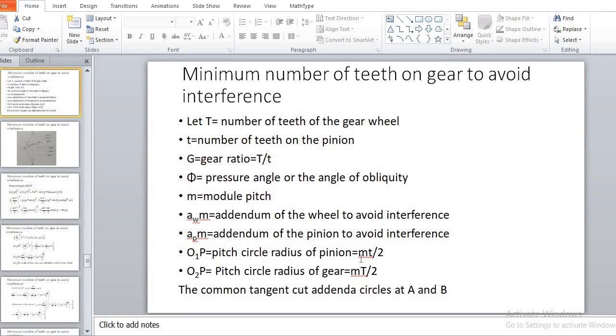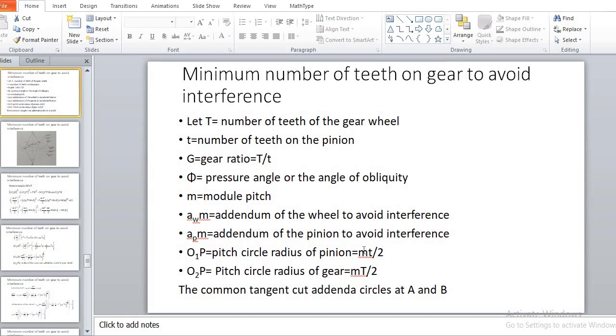Now the module is nothing but the pitch circle diameter per number of teeth, D by T, where D represents the pitch circle diameter and T represents the teeth.